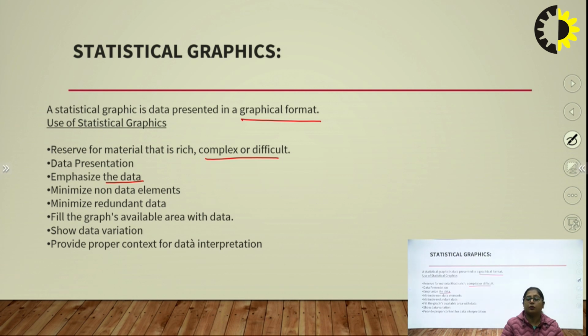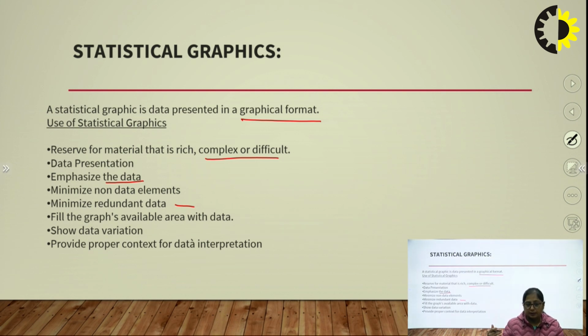Next, minimize redundant data, using consistent data removal. Next, fill the graph's available area with the data based on the labeling, the space and the data. We will differentiate between the data based on the amount of data we have.